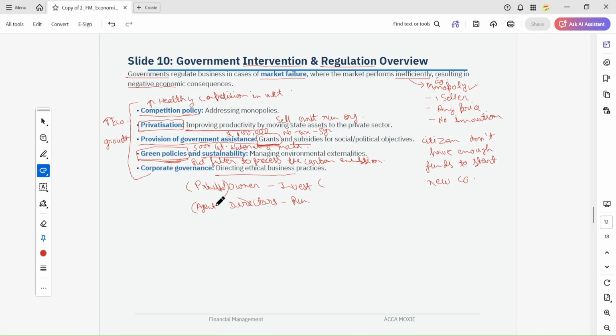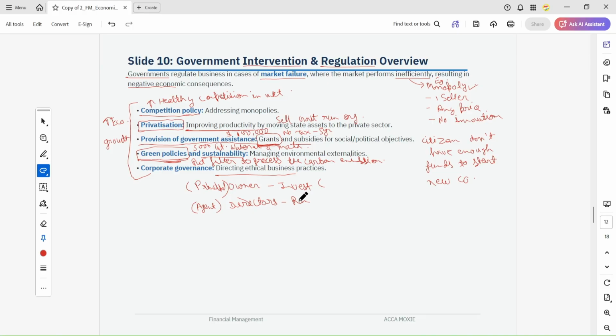Because they are running the company, they run the company for their own benefit. For example, they increase their own salary. Instead of making a profit, they increase their own salary, and they don't distribute any amount to the shareholders.